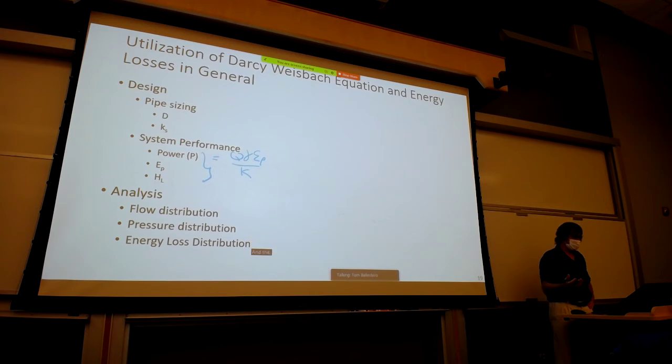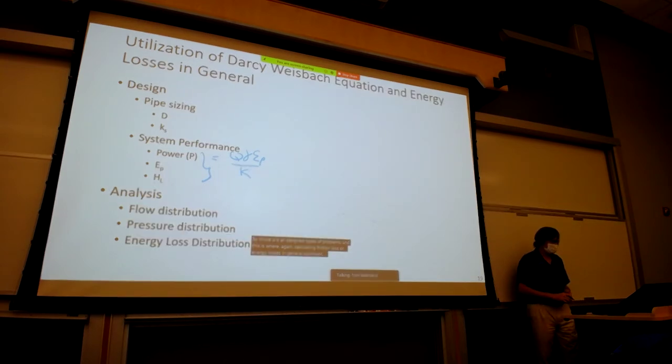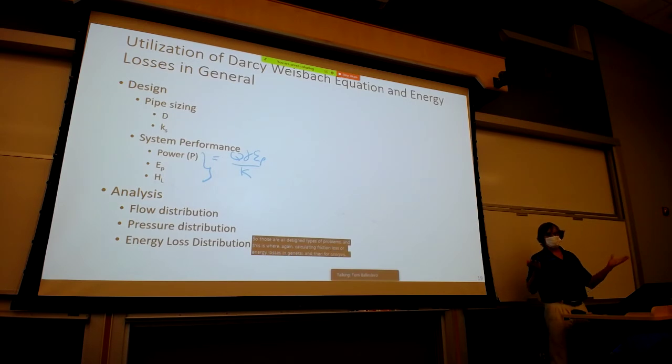And the other thing for system performance we might be trying to design is a specific head loss, or keeping this head loss to within a certain amount. So those are all design types of problems, and this is where, again, calculating friction losses or energy losses in general will come in.